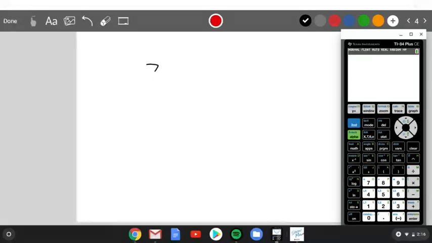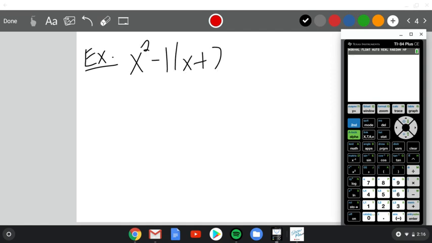Okay, the first example we're going to do, oops, I just messed that up. I don't know how to erase. There we go. Okay, so our first example to solve by graphing is x squared minus 11x plus 24 equals 0. We want our equations to equal 0 so we can find the zeros.